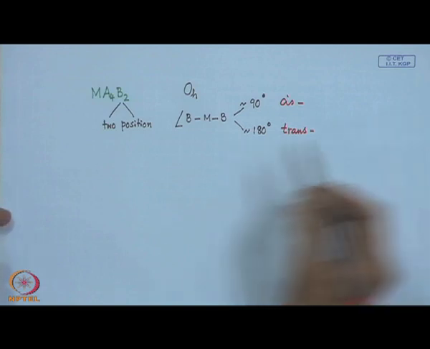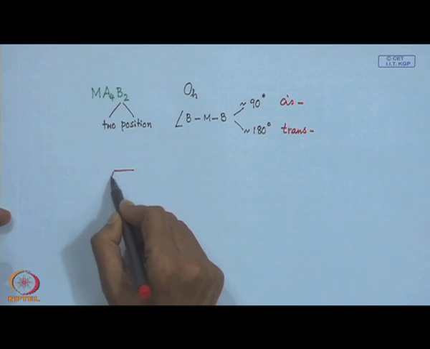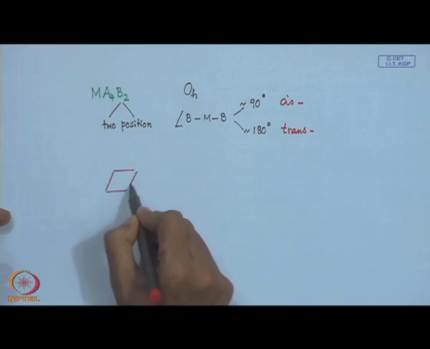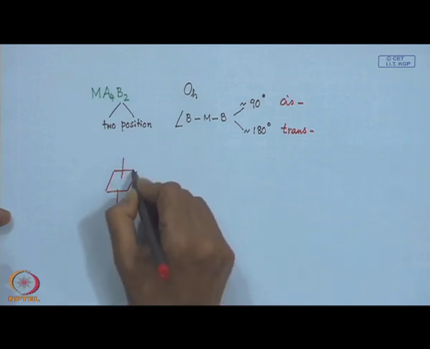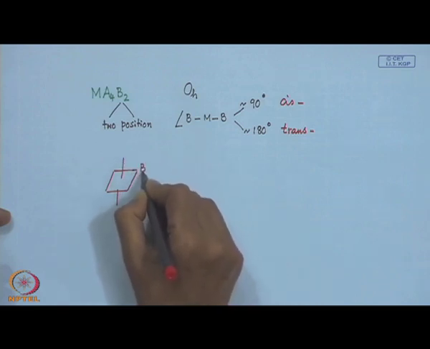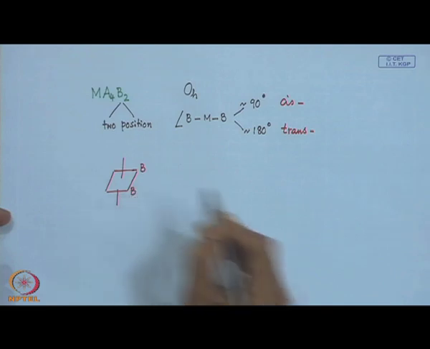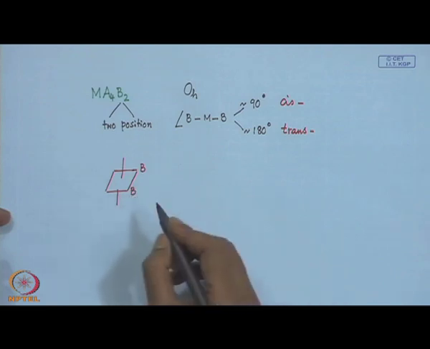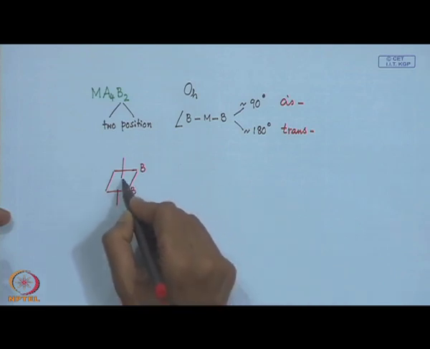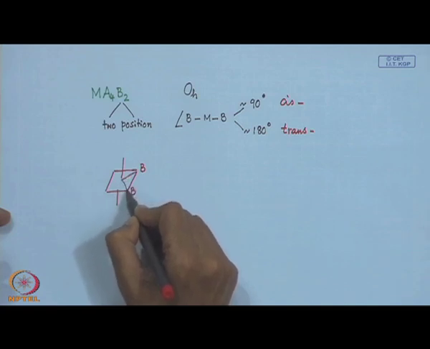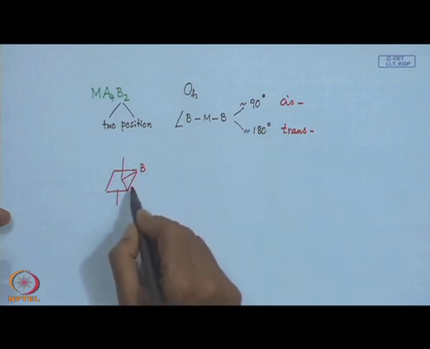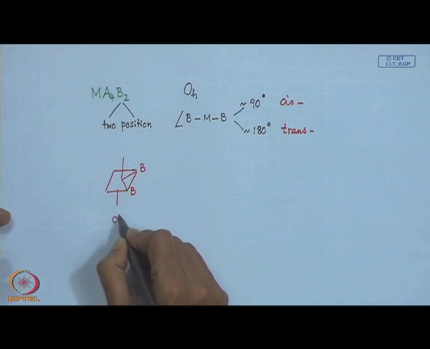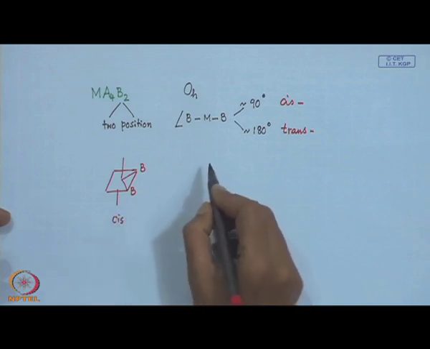So, when we talk about the positions of B and B in an octahedral geometry, considering this particular square plane, we have a 90 degree situation in this case, so it would be the cis geometry.